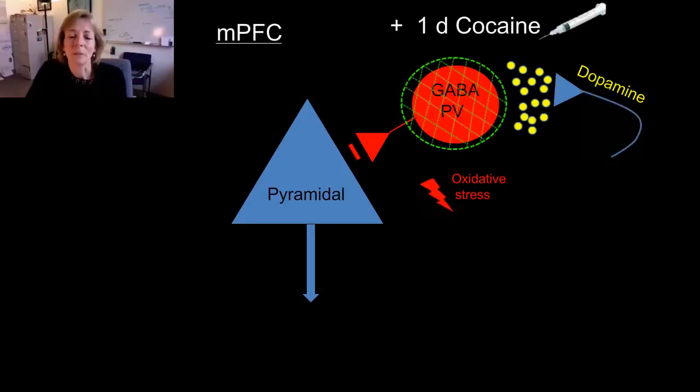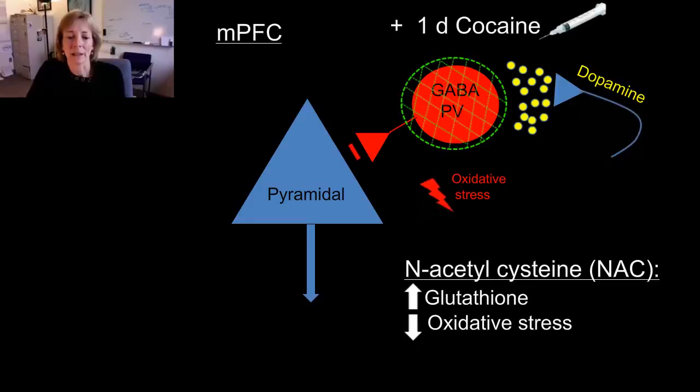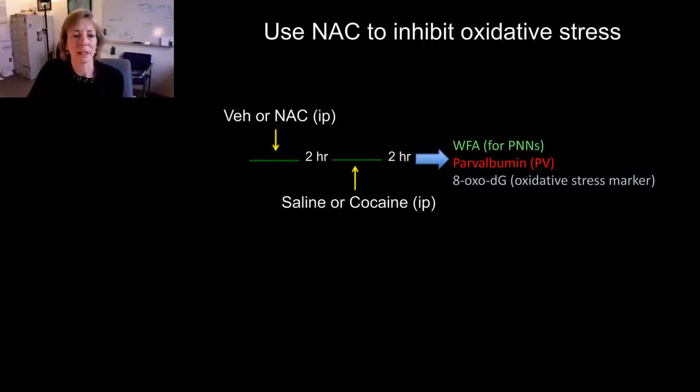So what we did was to give an antioxidant, N-acetylcysteine, or NAC, and we, from many, many studies, know that this increases glutathione and will decrease oxidative stress. So we gave this NAC or vehicle a couple of hours before they received a single saline or cocaine injection.